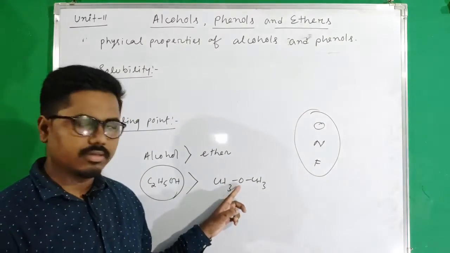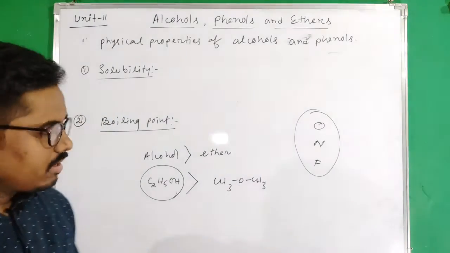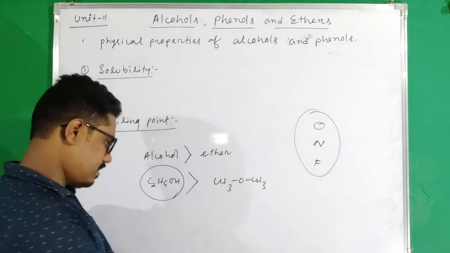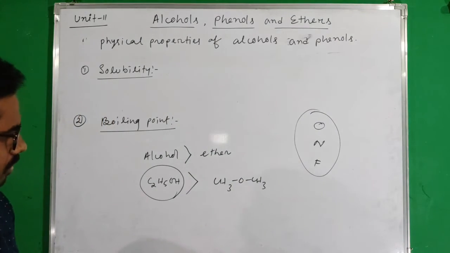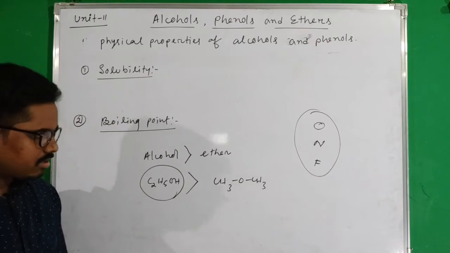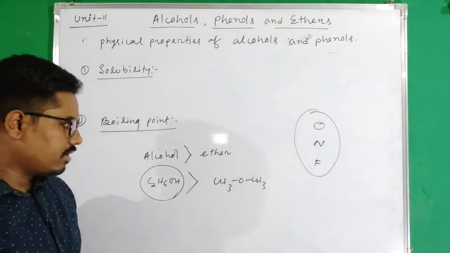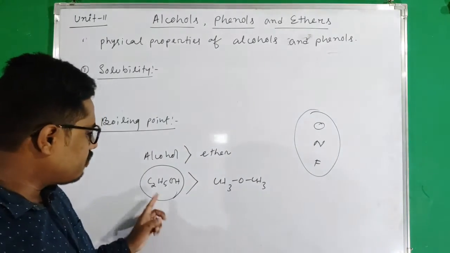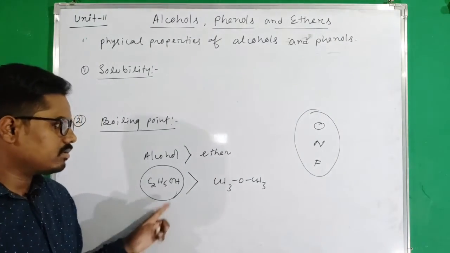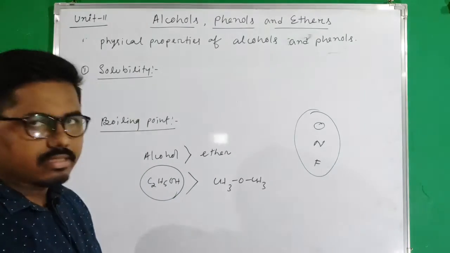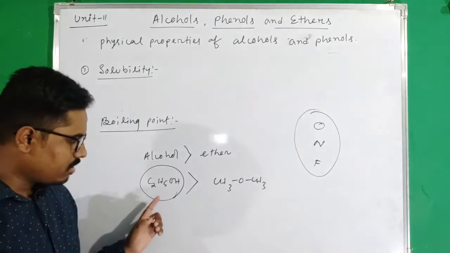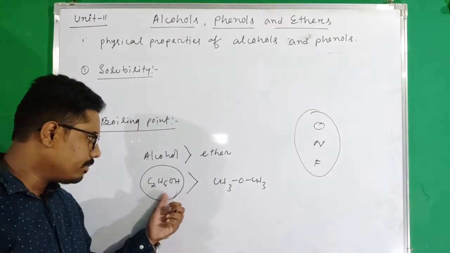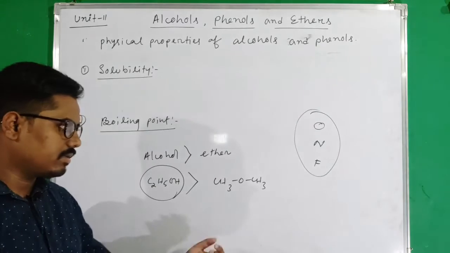Hydrogen is not attached with oxygen, only carbons are attached with oxygen. Therefore in this case intermolecular hydrogen bonding is not present, and hence the boiling point of alcohols is higher than ethers of same molecular mass. Both of them have same numbers of carbon, same numbers of hydrogen and same number of oxygen, so they have same molecular mass, but boiling point of alcohol is higher than ether.